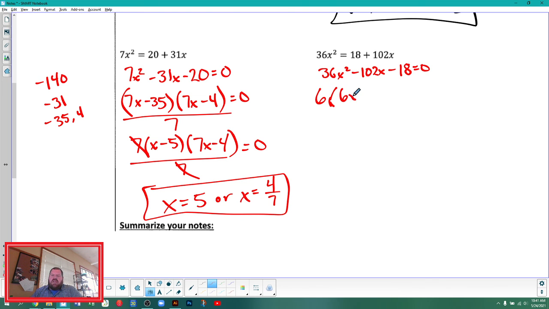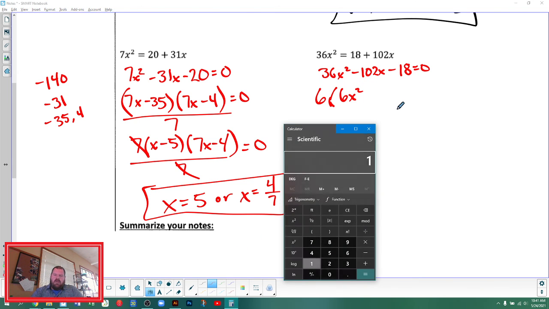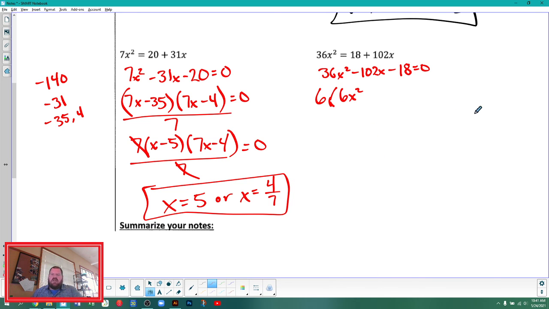We have 6 times 6x squared minus 17x minus 3. That's going to make things quite a bit easier because now I need things that multiply to give me -18 and add up to -17. That's going to be -18 and +1.